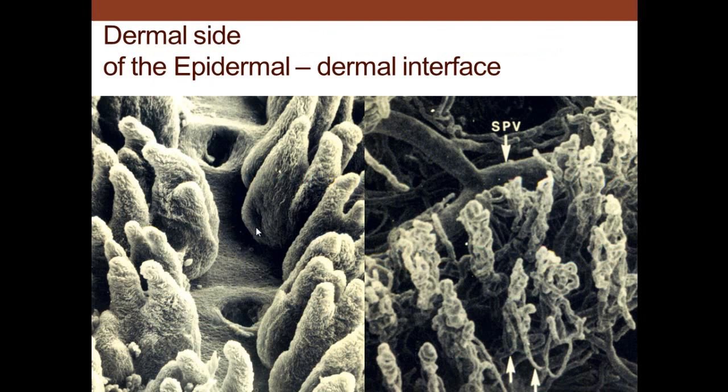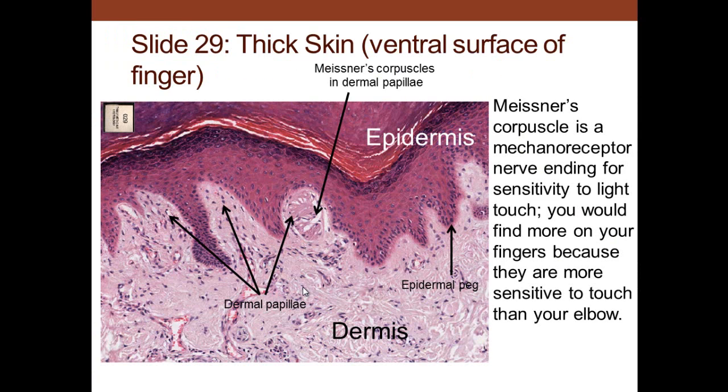Also, the dermis provides the nutrients, blood vessels and all, and here you can see the blood vessels inside each of these dermal papillae. Now, not only do we have dermal papillae projecting up here, but also in connective tissue you have nerve endings, and here is a Meissner's corpuscle in a dermal papilla.